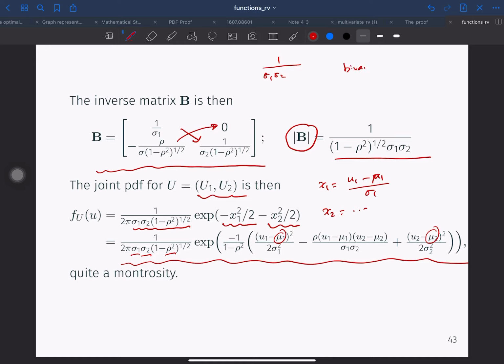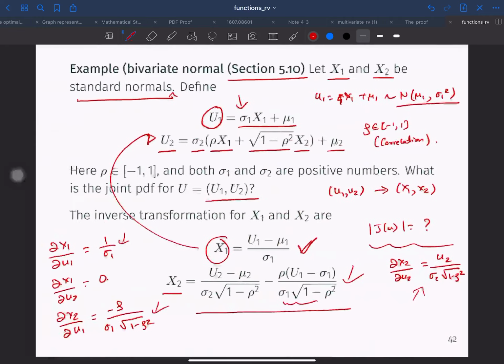So take a look at section 5.10 of your textbook. It may look mysterious, but really it is quite simple. It looks complicated, but it is nothing more than this transformation of two independent normals.